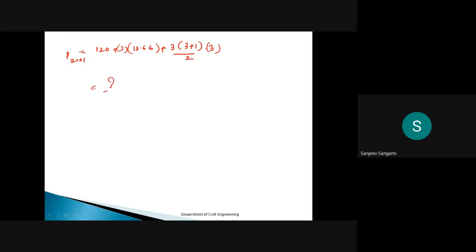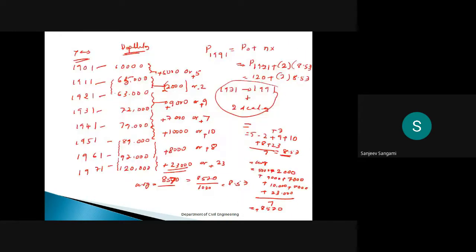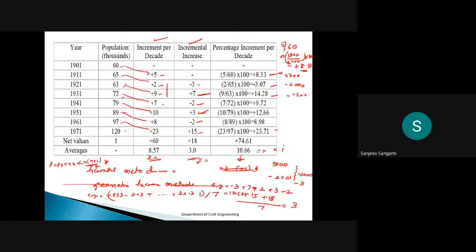Then check how much you got in the calculation. This is how you have to calculate it. So this is overall with respect to all three methods: the arithmetic increase method, the geometric increase method, and the incremental increase method.